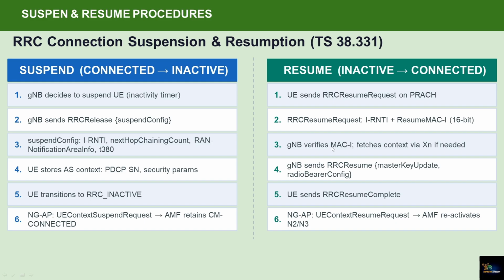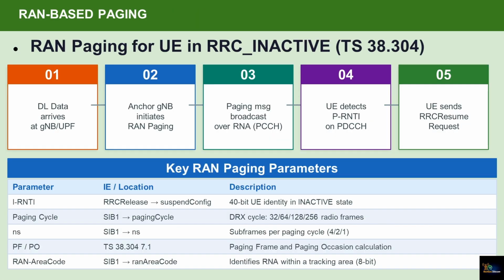The gNodeB sends RRC resume with master key update and radio bearer config. The UE sends RRC resume complete, and then an NGAP UE context resume request goes to the AMF, reactivating the end-to-end and N3 interfaces. So it's done.